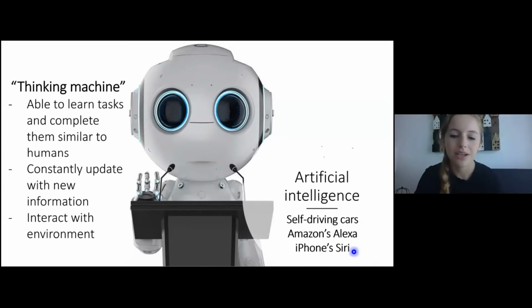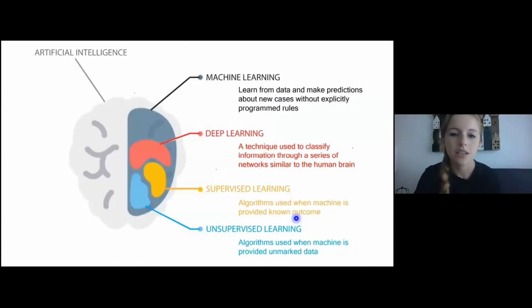And AI is really just a thinking machine that is able to complete tasks in a way that is reminiscent of the way that humans might complete these tasks, and then possibly even interacting with its environment and learning from new cases. Machine learning is the part of artificial intelligence that really gives the machine the ability to learn from data and make predictions about future cases.